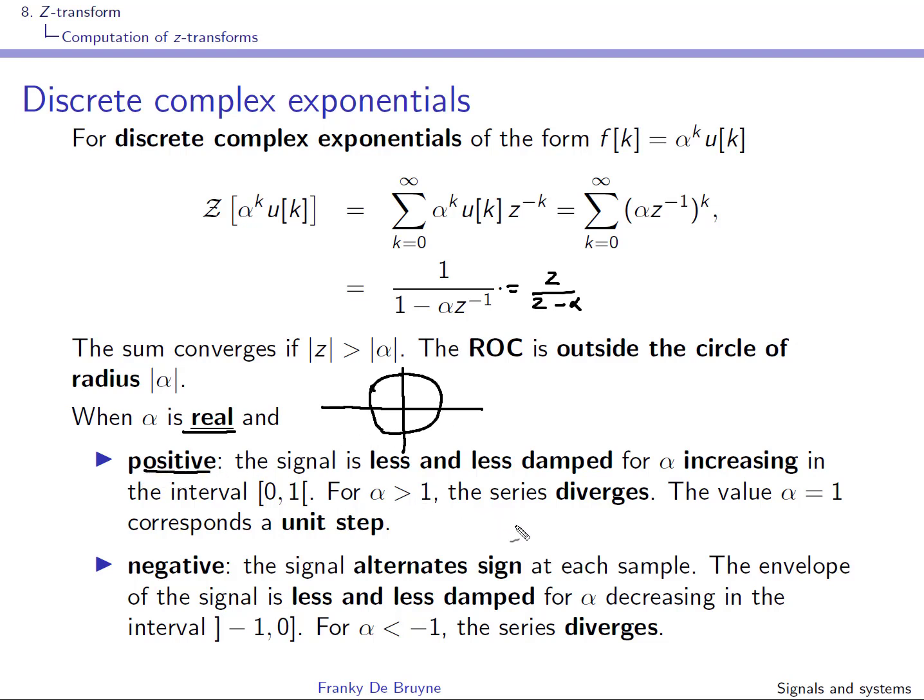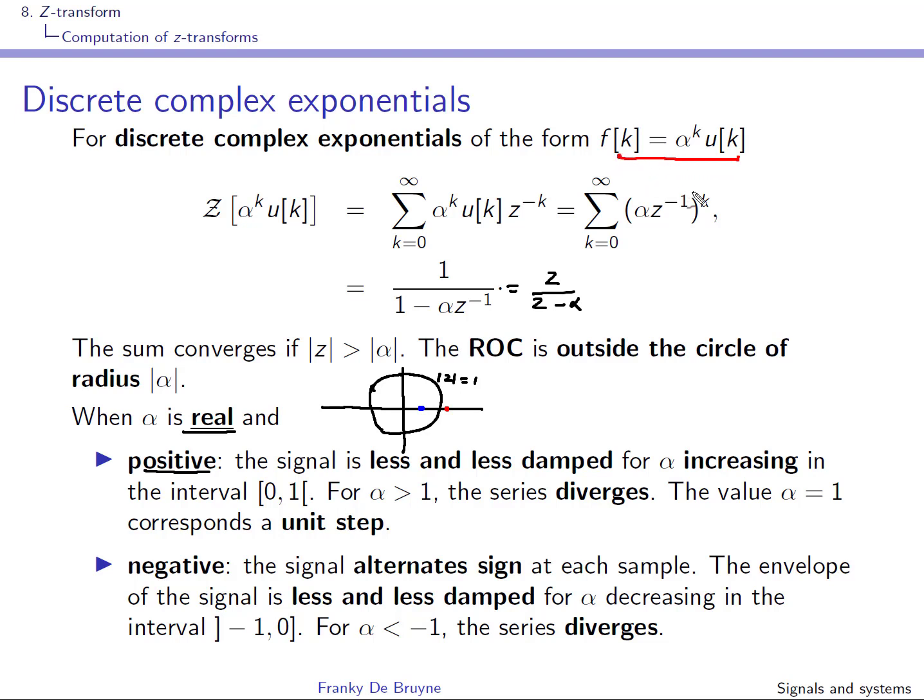So this is the z domain, so this is the unit circle, modulus of z equal to 1, and let's take the case where we have a pole at alpha equal to 0.5, and let us take another case where the pole is larger than 1, let's say 1.1.